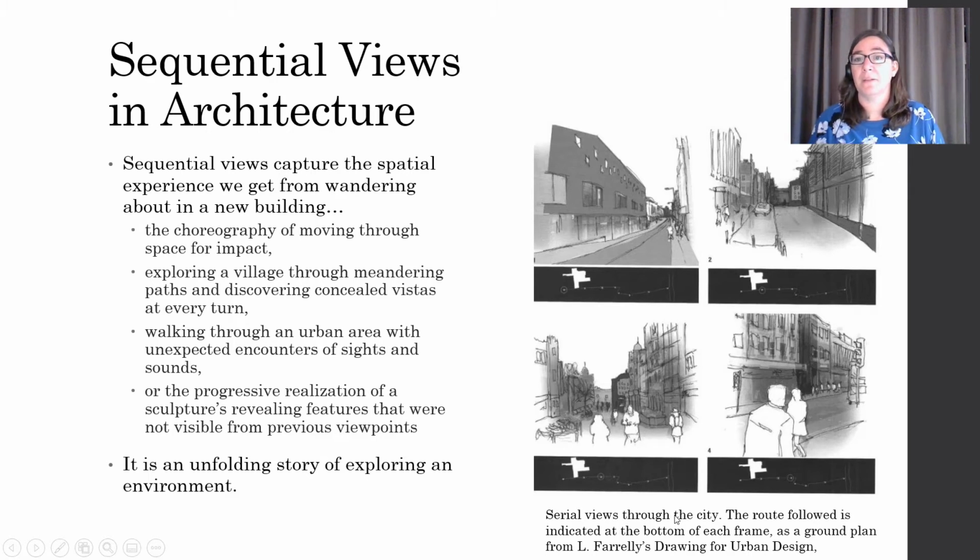Take a look at the example on the right. We have some sequential views of an urban streetscape. And these are organized, check this out, by keying them to a map. So that's the organizational feature in this particular one.